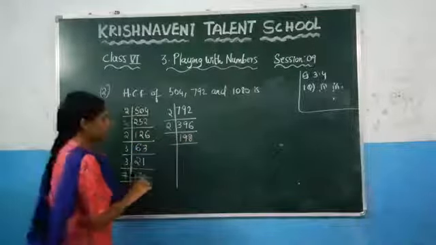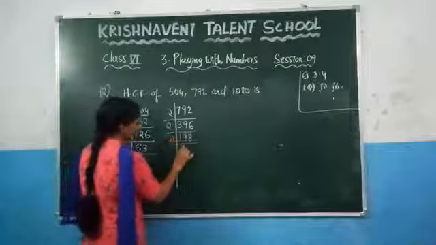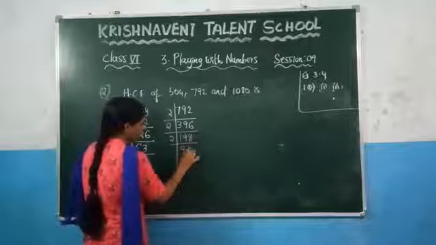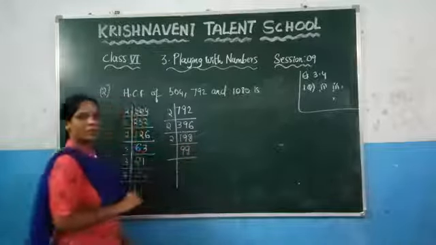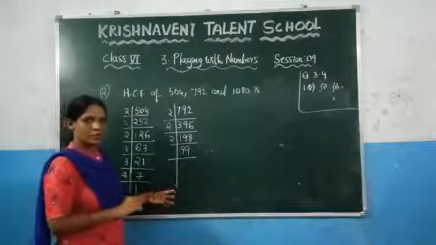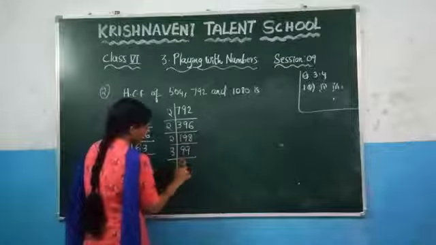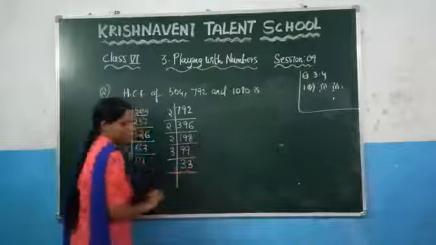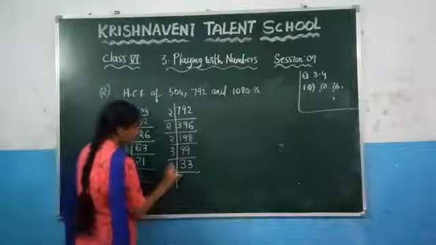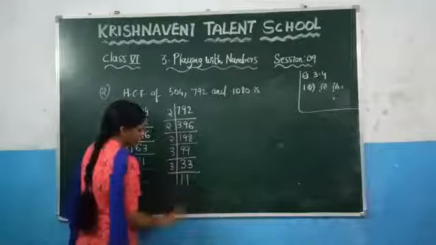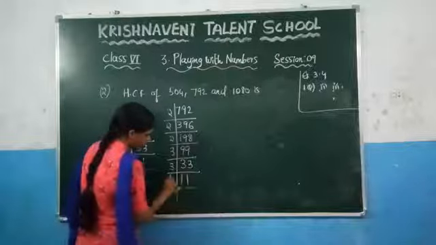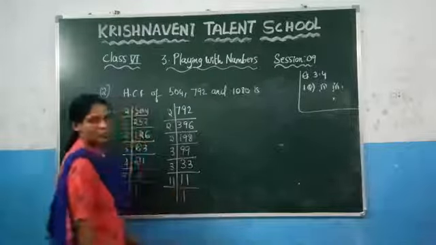Right? And after that again it is divisible by 2, 2 9s are 18 and again 2 9s are 18. And after that you know that it is not divisible by 2. What is the next prime number, which is 3, and 3 3s are 9 and again 3 3s are 9. And again it is divisible by 3, 3 1s are 3, 3 1s are 3. And it is divisible by 11, 11 1s are 11.